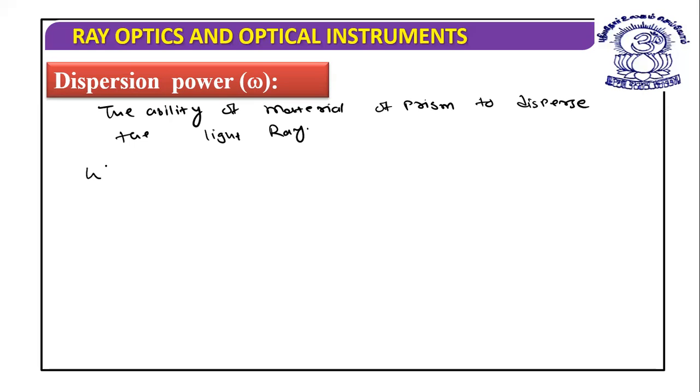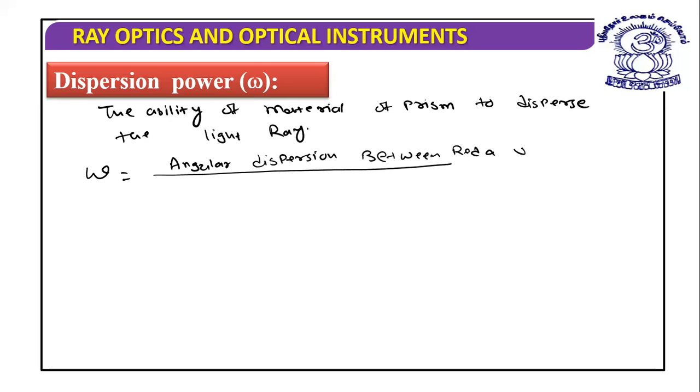The dispersive power omega is defined as the angular dispersion between red and violet colors, that is theta, divided by their mean deviation.